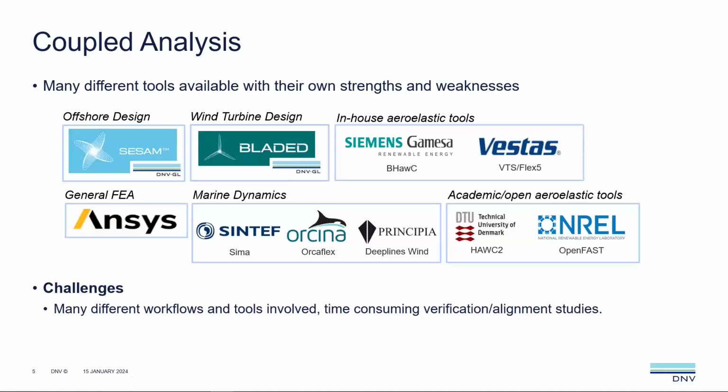This poses some challenges, especially in terms of time spent creating different models, aligning them, running them in parallel. All this is quite complex because each of these tools are based on sometimes different models, different assumptions, and the number of parameters involved is quite significant.